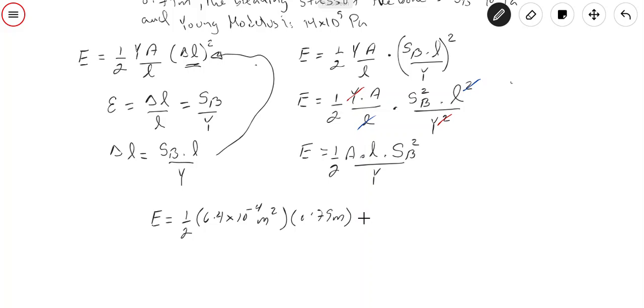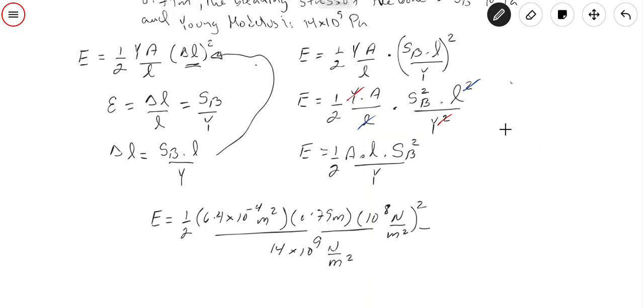You know that is going to be 10 to the 8 Pascal. Pascal is the same as Newton over meter squared. All this divided by 14 times 10 to the 9 Pascal, that is the same as Newton over meter squared.